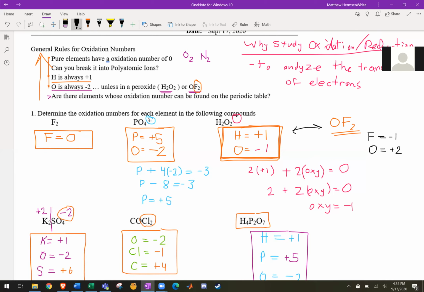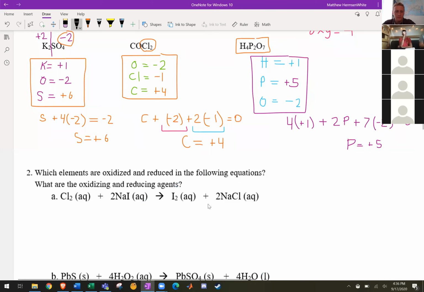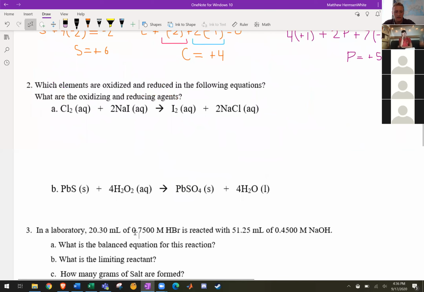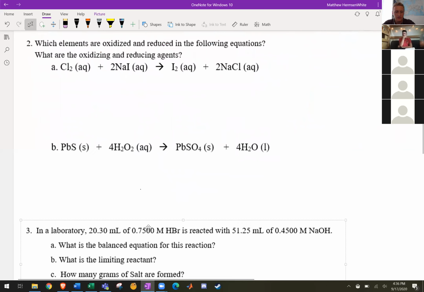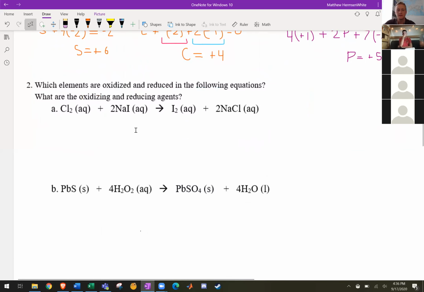Okay. So let's move on and do some actual equations with these. You might not be asked exactly what we were doing up here, but you could be asked something like problem number 2. Problem number 2 says, which elements are oxidized and which are reduced in the following equations?